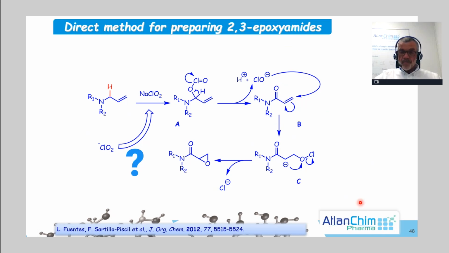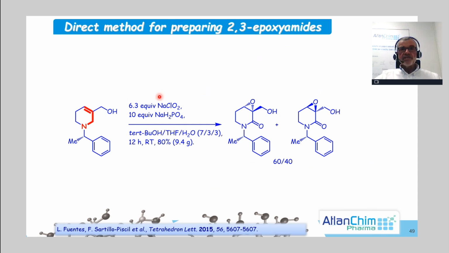This elegant methodology was successfully applied to the synthesis of a potent non-racemic inhibitor of glycolipid biosynthesis.